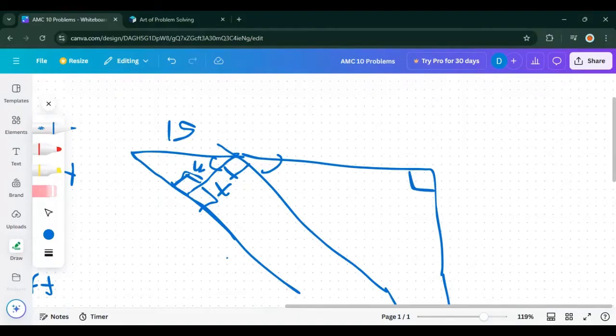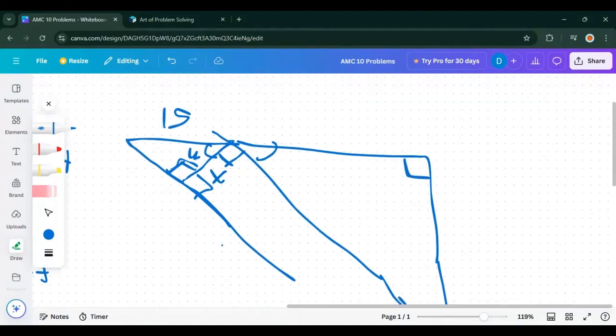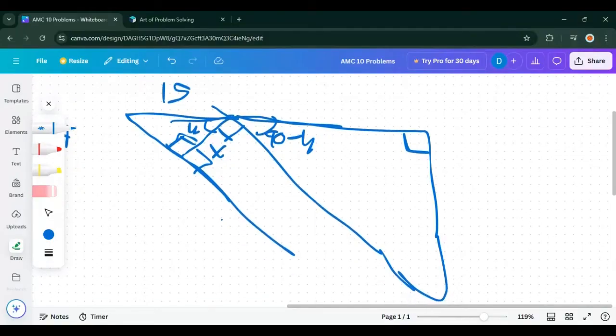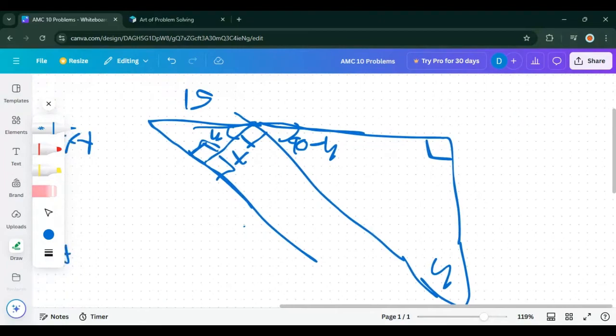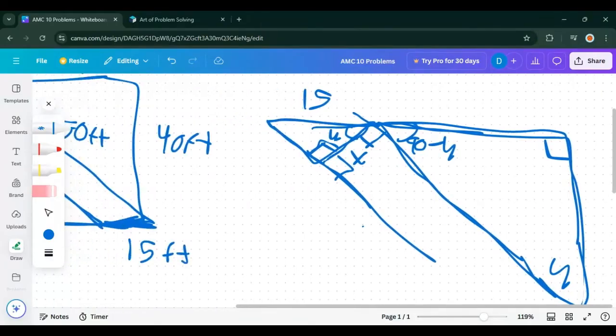We have similar triangles. So this is Y, this is 90 minus Y, because every angle on the straight line adds up to 180. And then that means this is also Y. So this large triangle is similar to this small triangle, and then we can finally find X, what we want to find out.